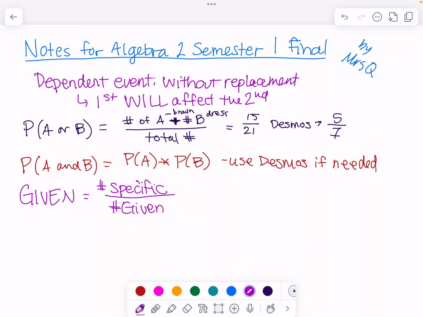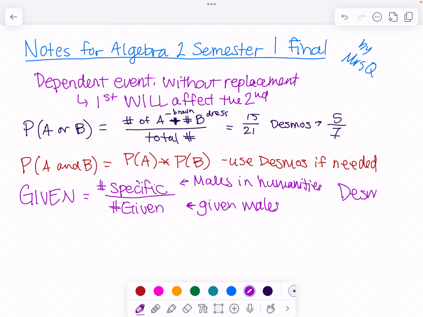So that's where we said given males, and up here, that's where we said the males in humanities. And then we used Desmos again to simplify that.